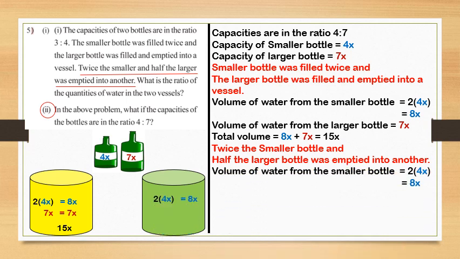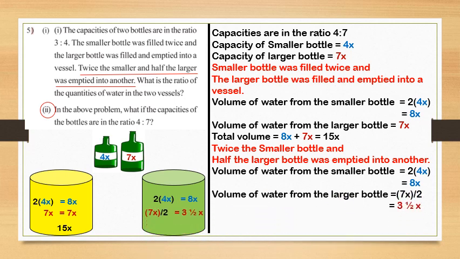So let us write the volume of water from the smaller bottle equal to 2 into 4x, which is equal to 8x, and the volume of water from the larger bottle equal to half of the larger bottle, that is 7x divided by 2, which is equal to 3.5x. Then the total volume of water in this vessel equals 8x plus 3.5x, which is equal to 11.5x. And it can be written as 23 by 2x.